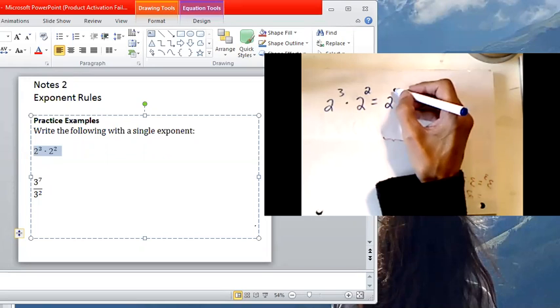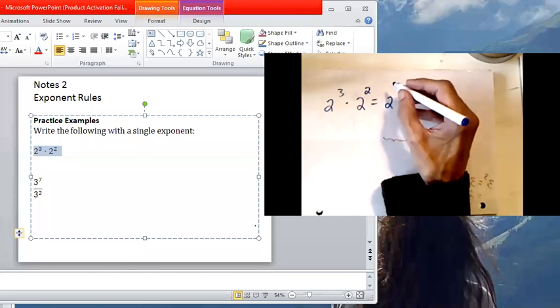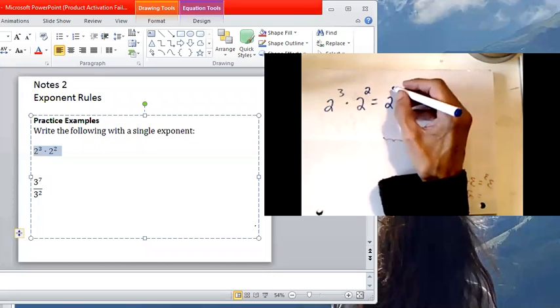Shota, you got this one? Yes, I got it. Nice. Okay, so Shota, 2 to the power of what?